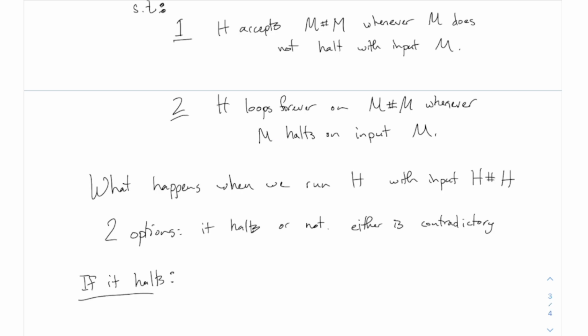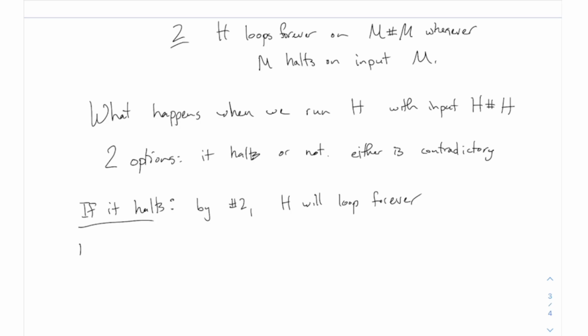Whenever M halts, if it halts, then by number 2, H will loop forever. Because the whole point of H is that it is constructed so that it loops forever whenever its input actually halts. But that is immediately contradictory. I said if it halts, then that means it will loop forever. And then the other way around is also true.